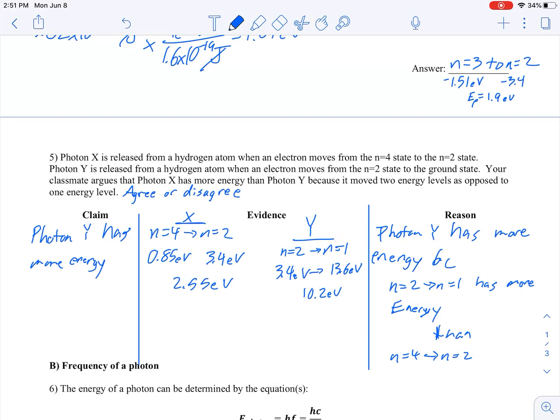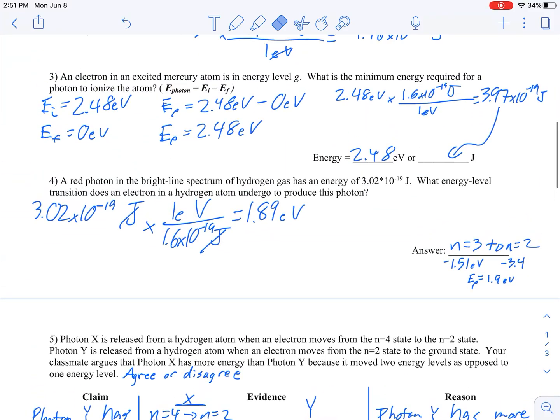So anytime any hydrogen atom in the universe lets an electron move from the n equals 4 state to the n equals 2 state, it releases a photon with exactly this much energy, period. No more, no less. Same here. From n equals 2 to the ground state, it releases a photon with exactly this much energy. No more, no less. Absorption works pretty much the same way. It's slightly more complicated, but basically works the same way.